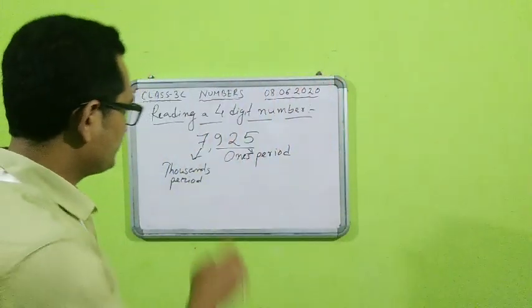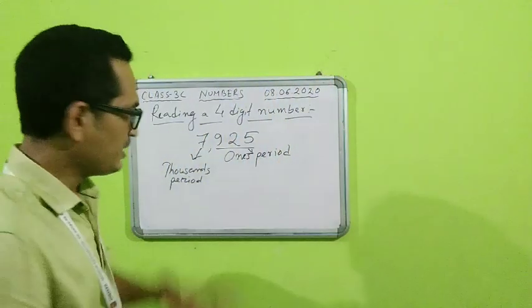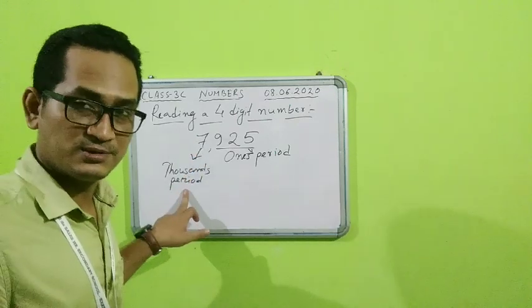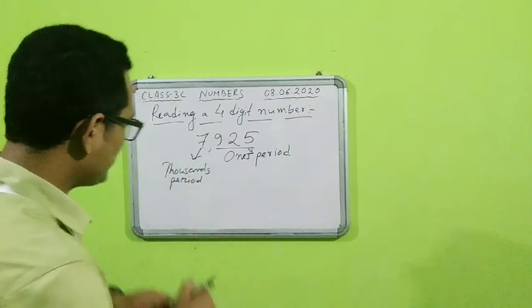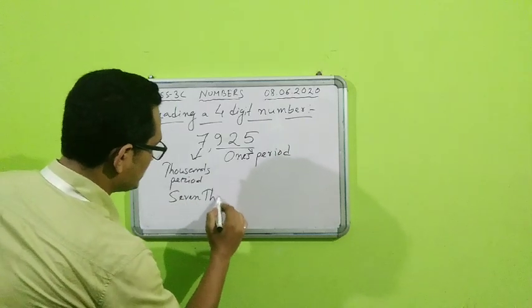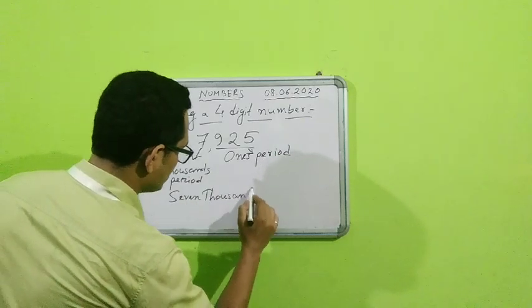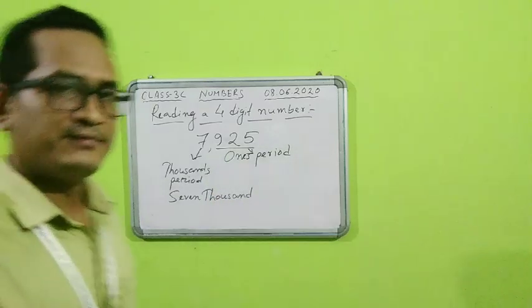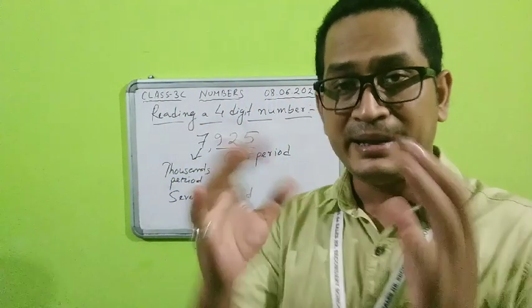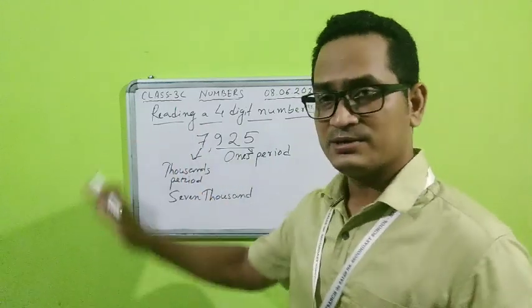Now how I am going to read it is very simple. First you have to start from the left hand side. What is the first digit? 7. Now 7 is in which house? Thousands house. So what I will write is 7 thousands. We will write 7,000. Fine. So the naming of the first house has been done.